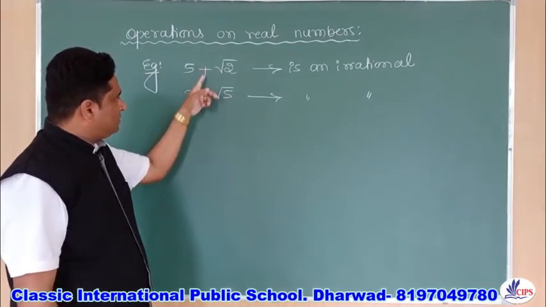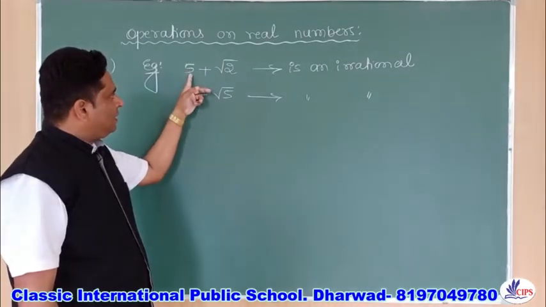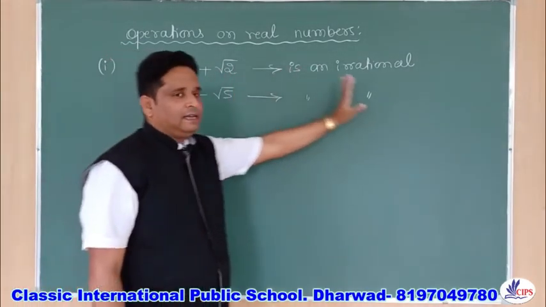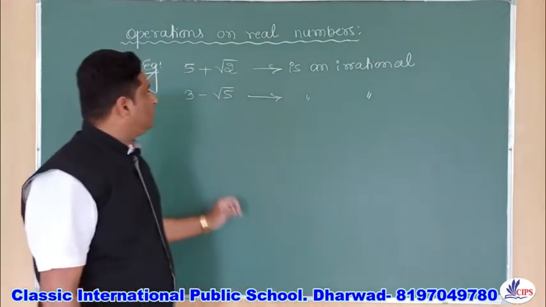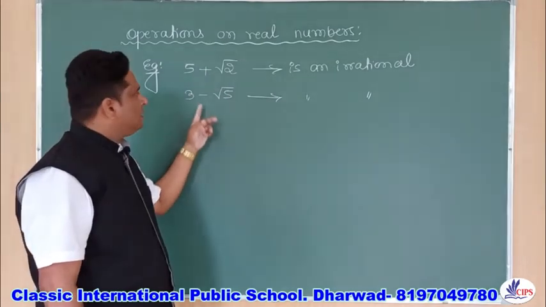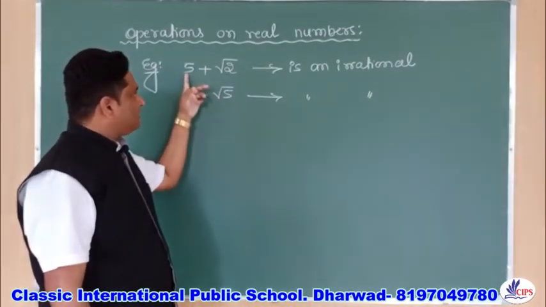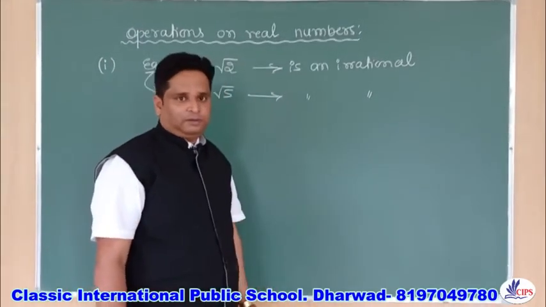Sum or difference of a rational number and an irrational number is again an irrational number.